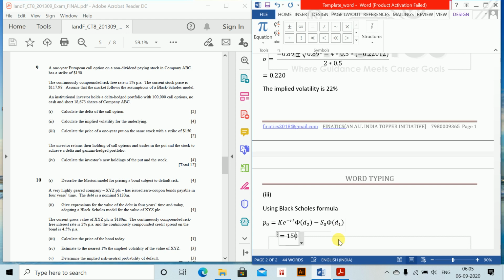So 150 e to the power minus 0.02 phi of minus D2 minus 117.98 phi of minus D1.